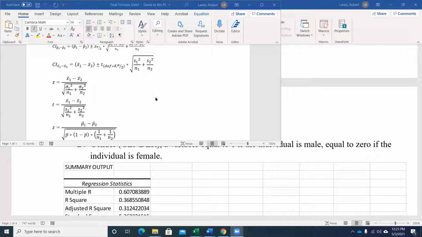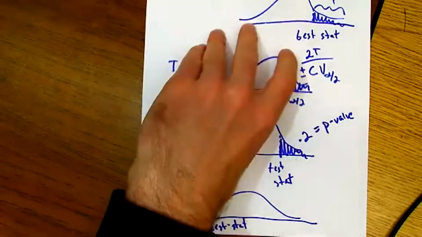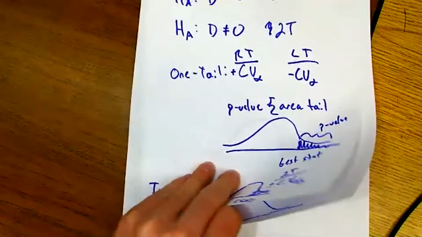So one thing I did last class was lay out how you identify which distributions to use. I could lay that all out again, but one thing that might be easier to think about is we've got 3 cases where we use the student t, and 2 where we use the standard normal.